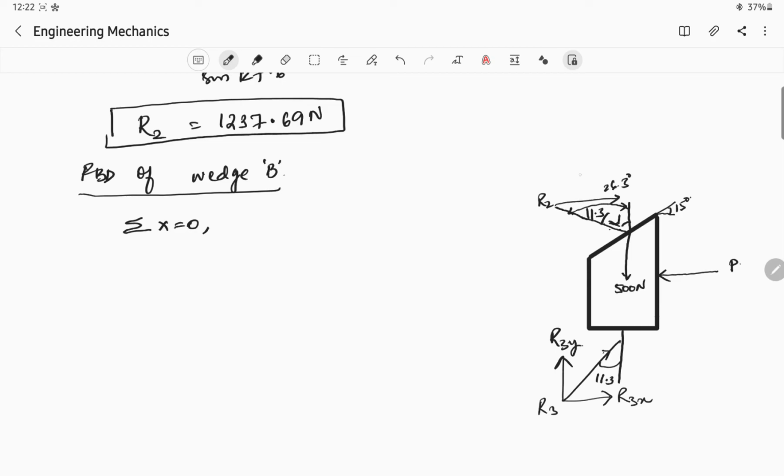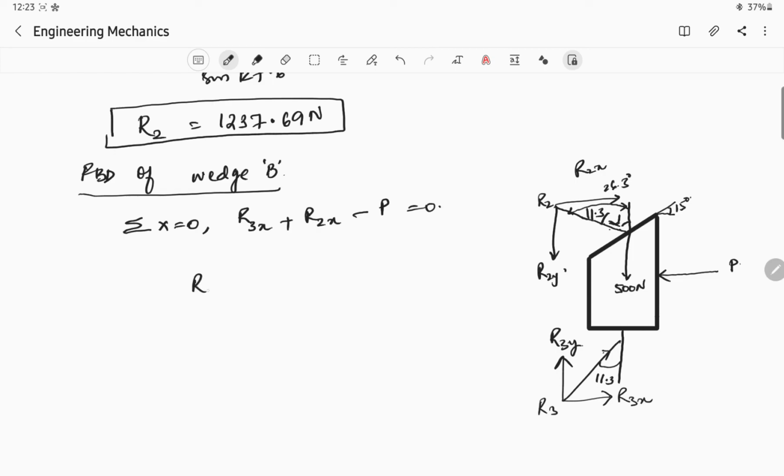Similarly, this will be R2x, and this will be R2y. So the horizontal forces are R3x plus R2x minus P is equal to 0, right?